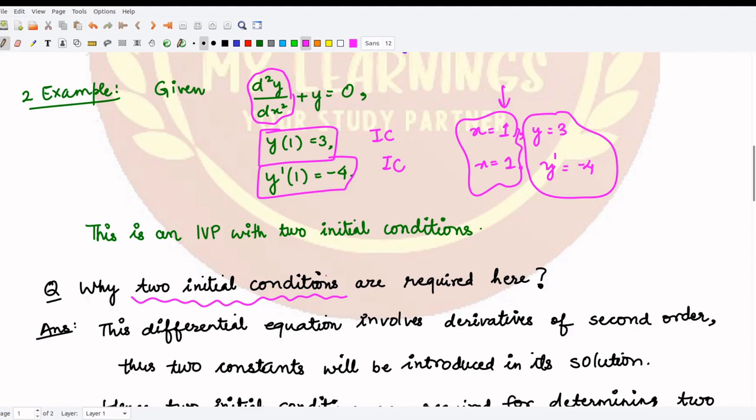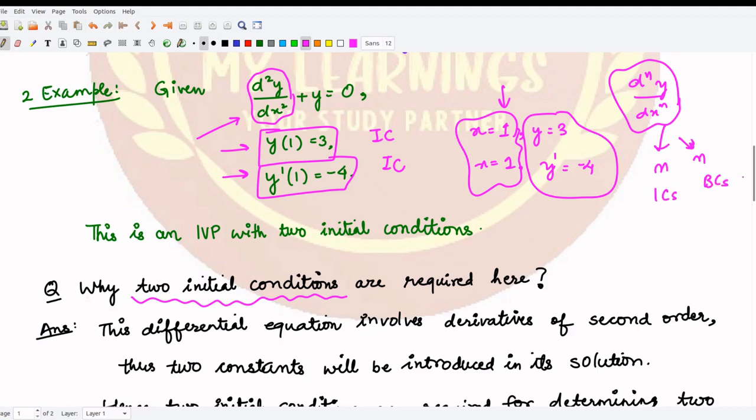Yes, there's a specific criteria. If you have a second order differential equation, you will have two initial conditions or two boundary conditions. If you have the nth order differential equation where the nth derivative is involved, then you would have n initial conditions, or n boundary conditions as required.